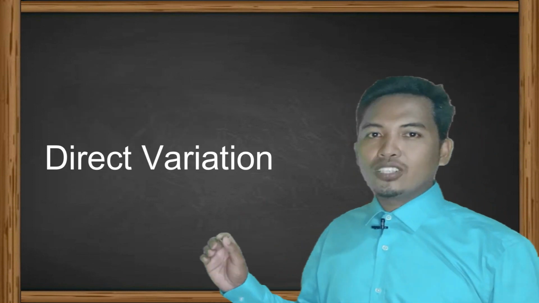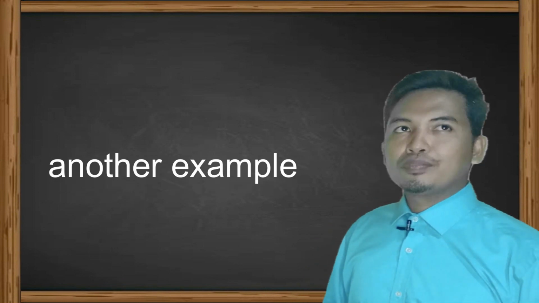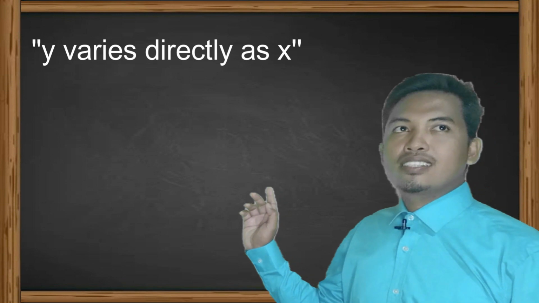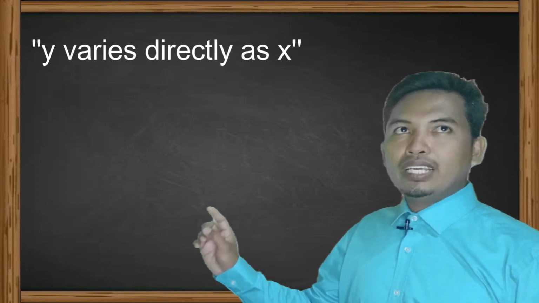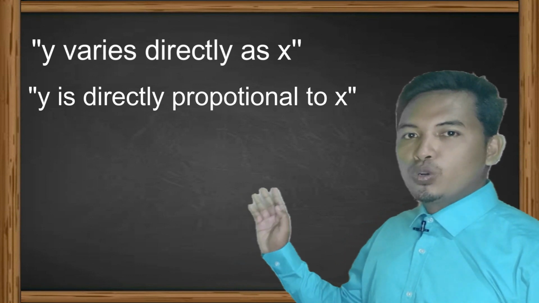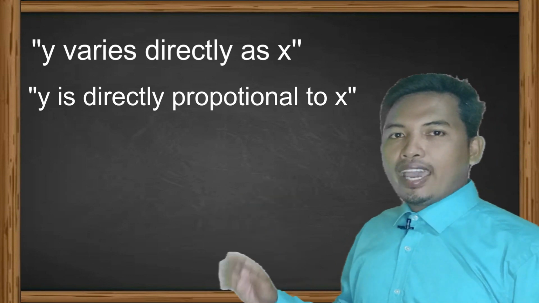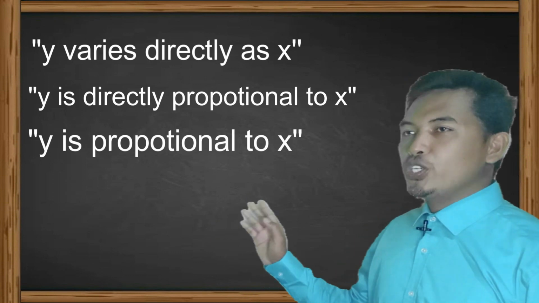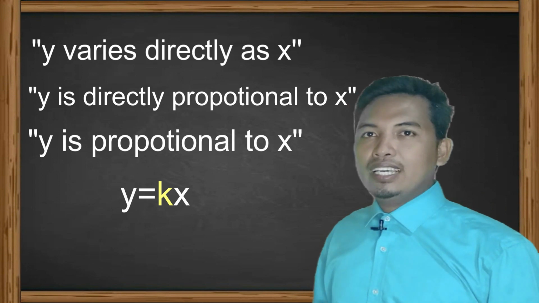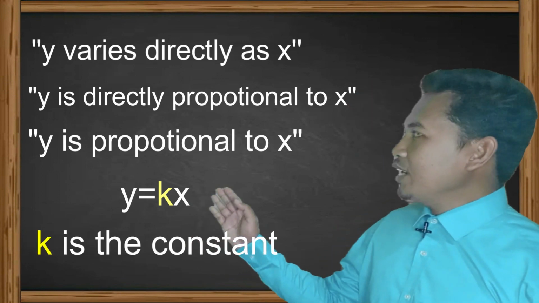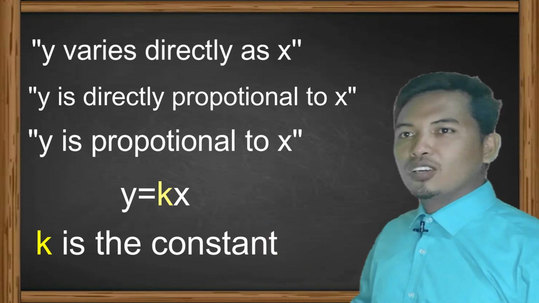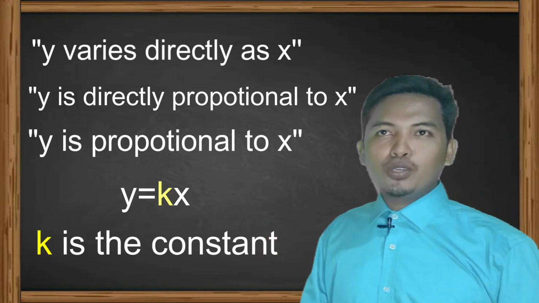Okay, so in direct variation, let's say for example, we have y varies directly as x. So it can be written as y is directly proportional to x, and y is proportional to x. So are translated mathematically as y equals kx, where k is the constant of the variation. Anong ibig ko sabihin?